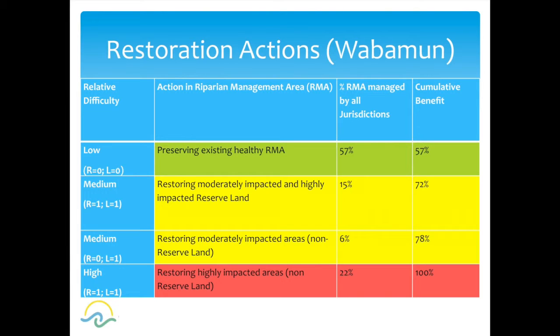It doesn't take much effort to restore these lands. That accounts for 6% of the lake. So in total, you've got 78% of the lake restored by action, pretty much right off the bat, and it's not that hard.